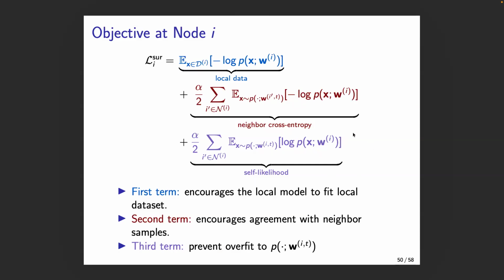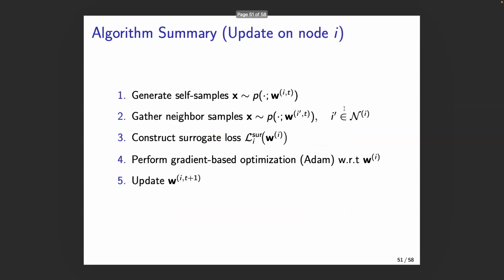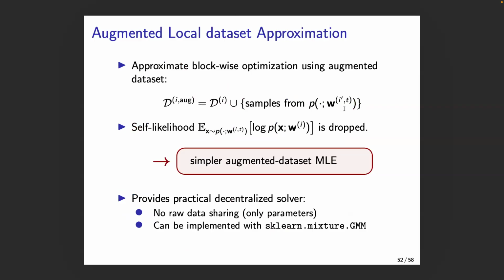If we drop the third term, the self-likelihood, we have these negative log likelihoods to optimize, and we can implement it in a very simple way. We can take the local data points and the data points generated from the neighboring distributions, stack them together, and create an augmented data set.